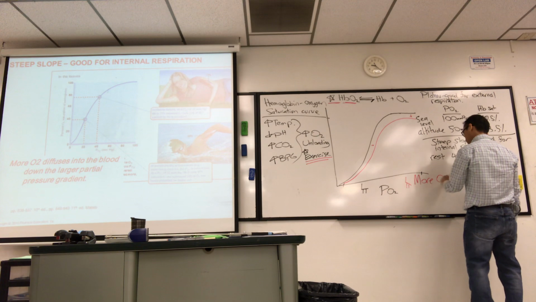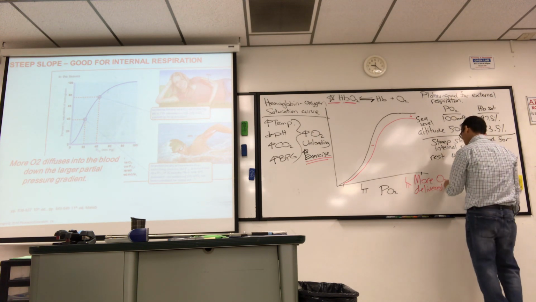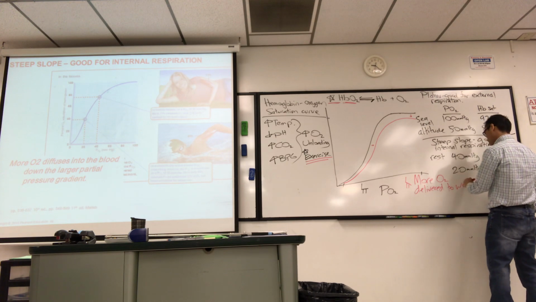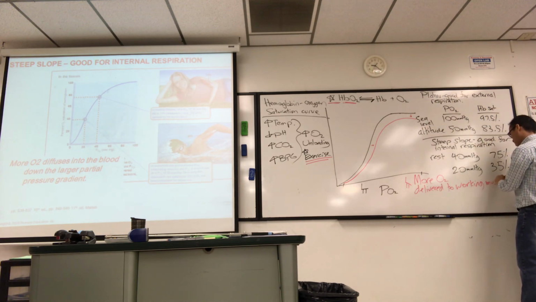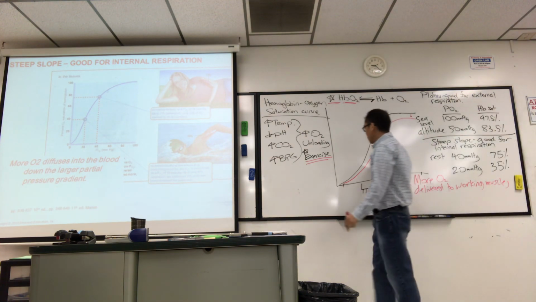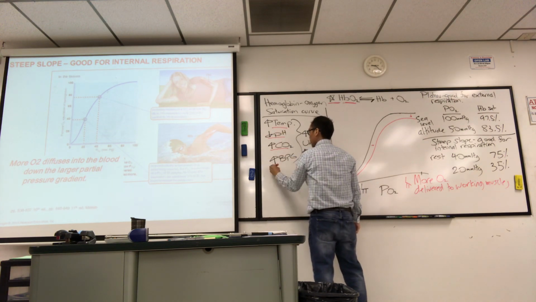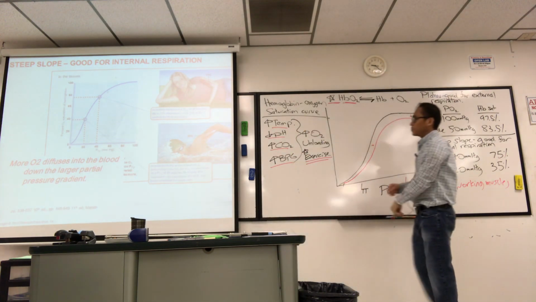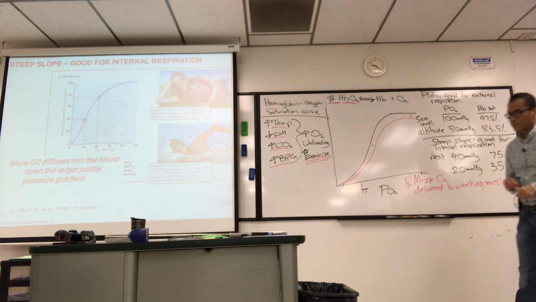More O2 delivered to working muscles. So during the condition of exercise, just start to check it off. This curve shifted down and to the right is because of these changes: increased body temp, decreased pH, increased CO2, increased BPG.